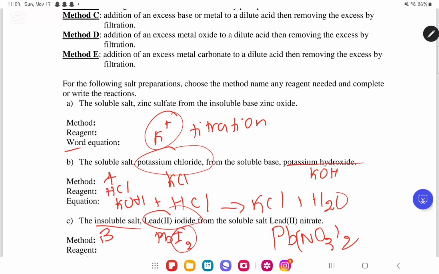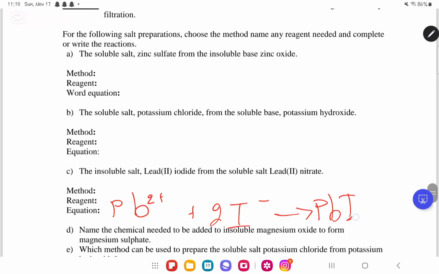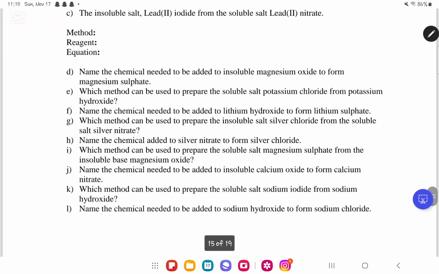It can be NaI, it can be LiI, but the one they used in the answers was KI. Now if you were to write the full equation, it's going to be Pb2+ plus 2I minus gives us PbI2 solid.